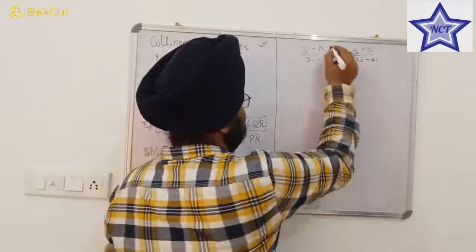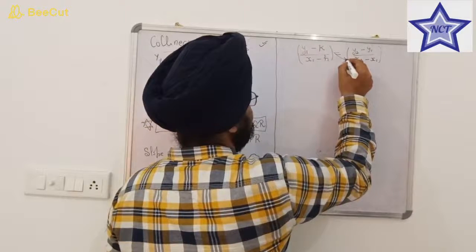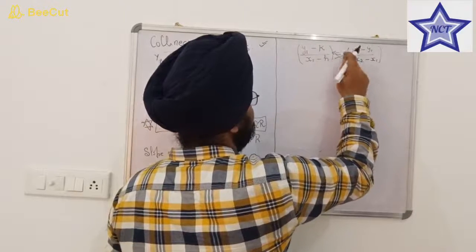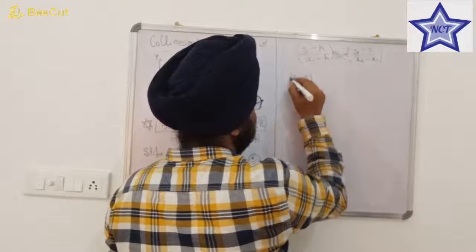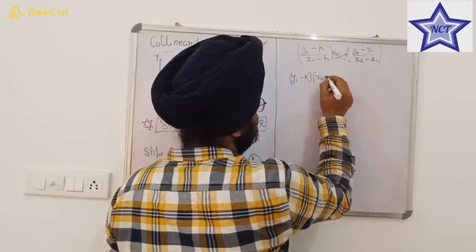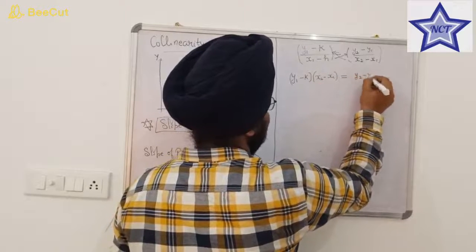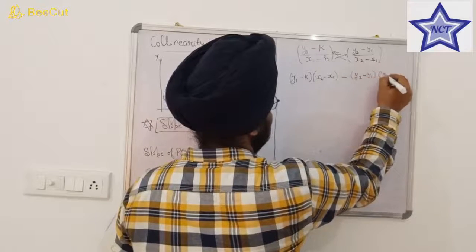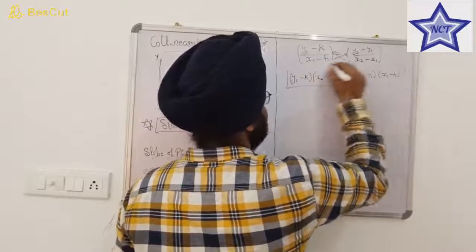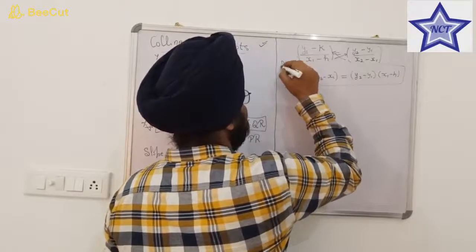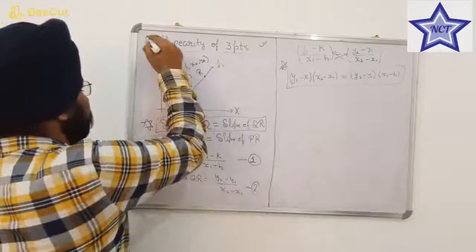Rearranging and cross multiplying, I can write (y1 minus k) into (x2 minus x1) equals (y2 minus y1) into (x1 minus h). This is my general condition to prove that 3 points are collinear.